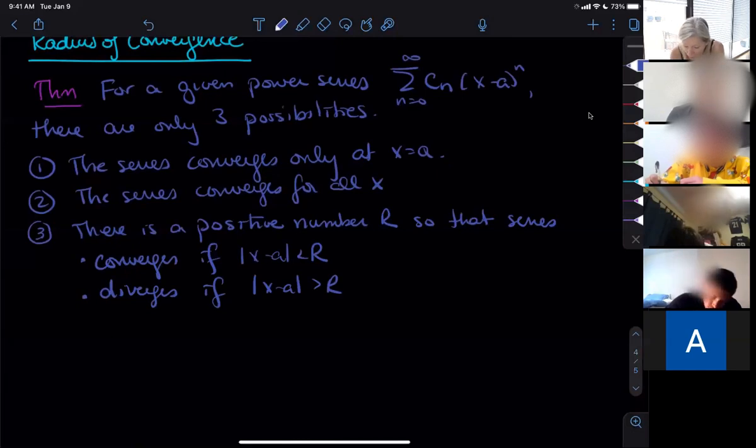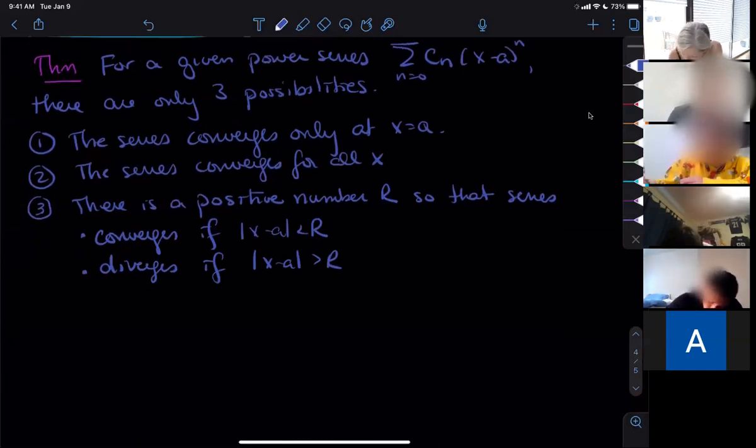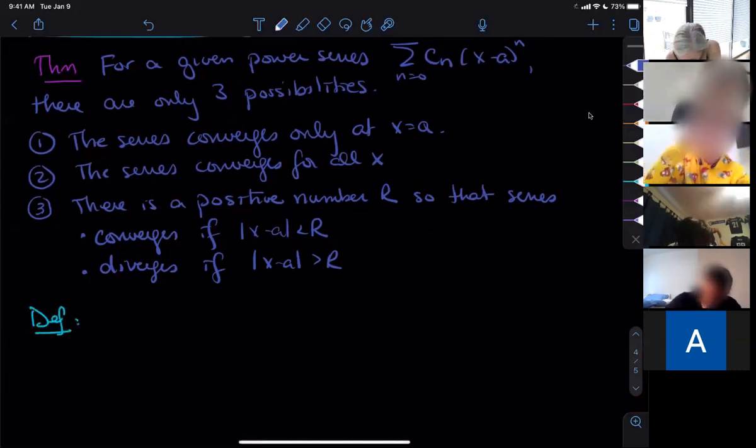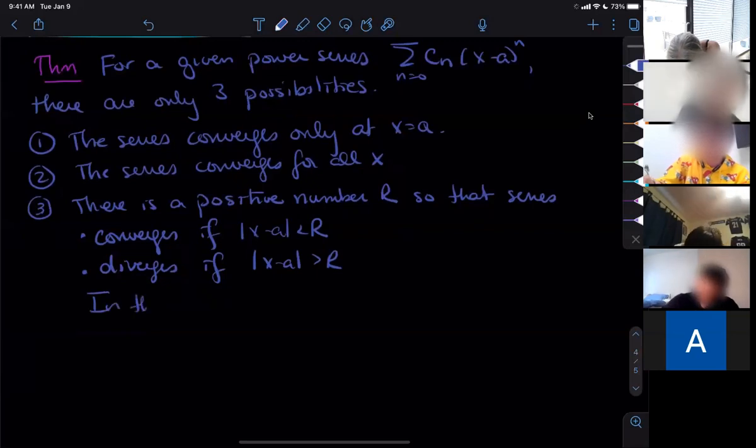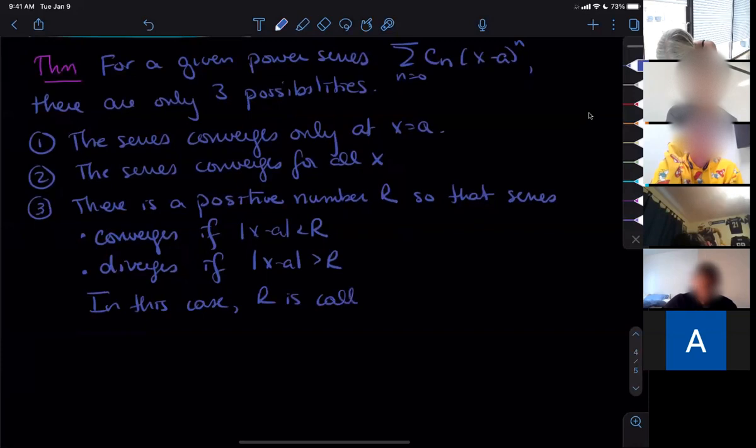So in this case, this r is called the radius of convergence. So let me just give you that as a definition. Okay, I won't separate it actually, because I'll have to say all this stuff. So let's just say in this case, r is called the radius of convergence.